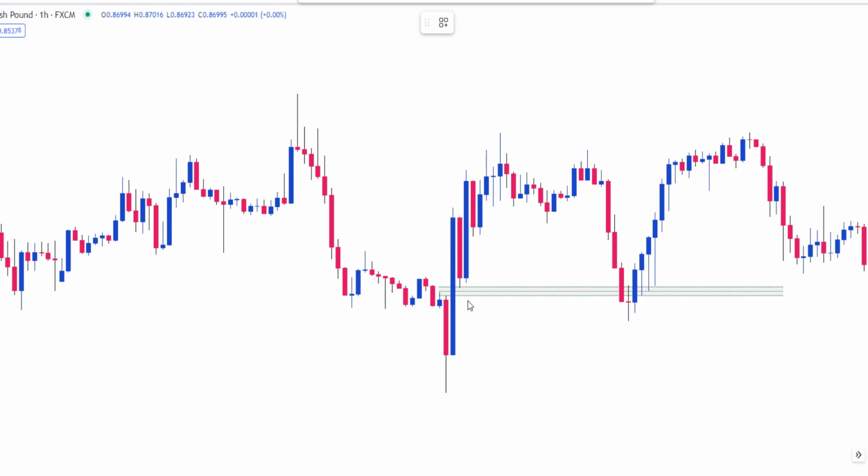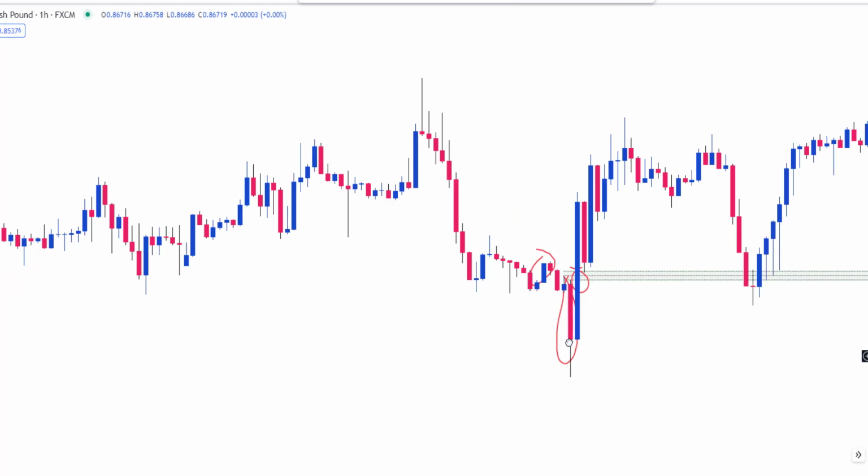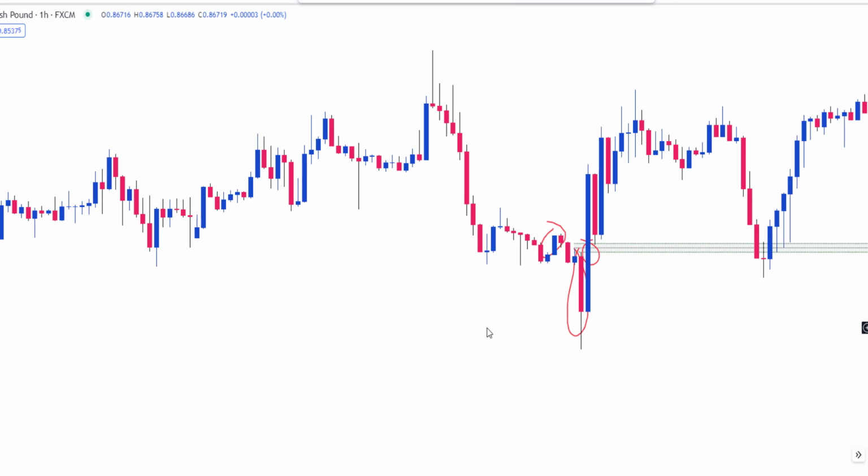Very good confluence: a breaker, a bullish order block, and a fair value gap. Three of them are right there, even though it's not part of what I showed you. But sometimes trading is you checking what works and using it. If I see this confluence, I will definitely take the trade, especially when I see this shift in market structure and price coming back.